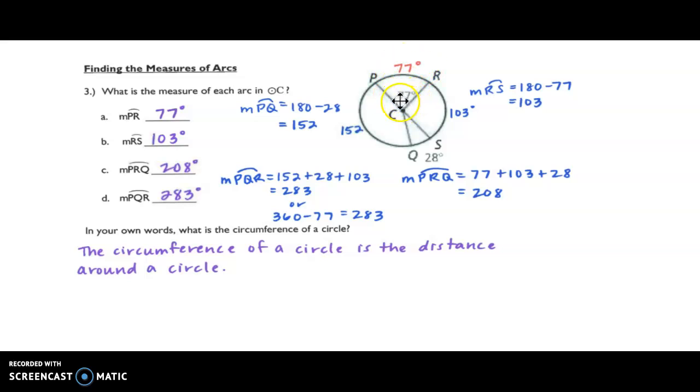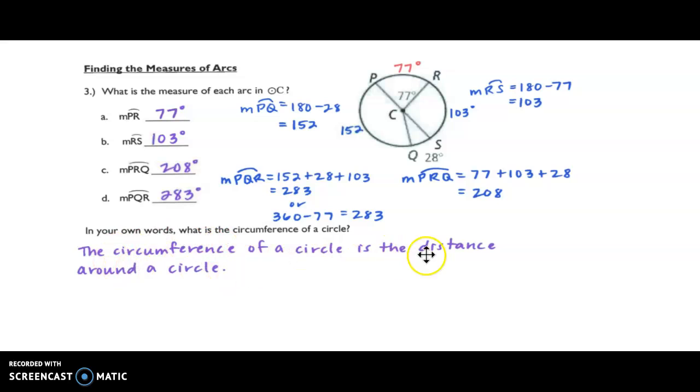The central angle PCR is 77, so the arc measure PR, or RP, is also 77 degrees. If this arc here is 28 degrees, then angle SCQ, the central angle here, must be 28 degrees. And if you know that's 28 degrees, then that should help you get angle QCP.